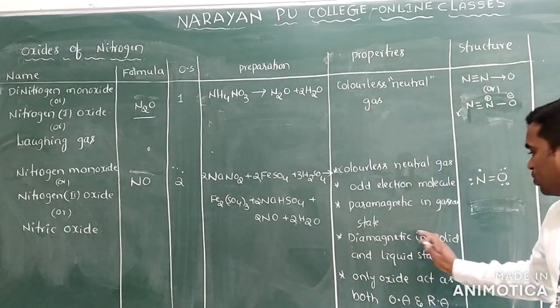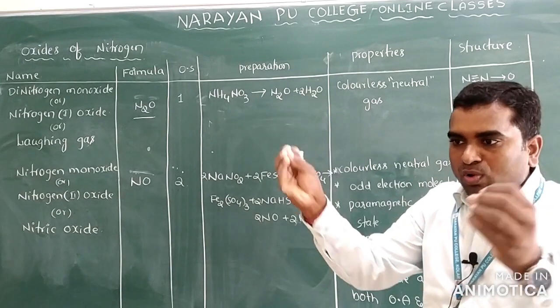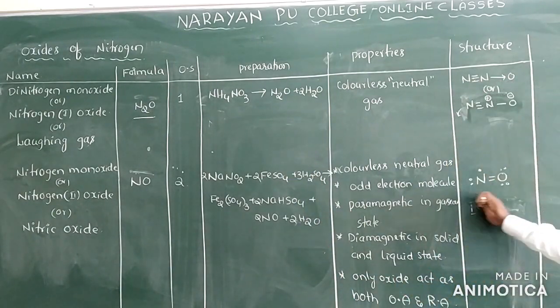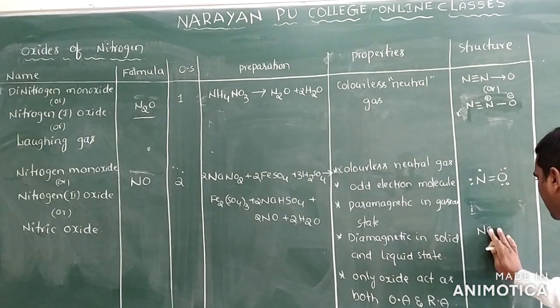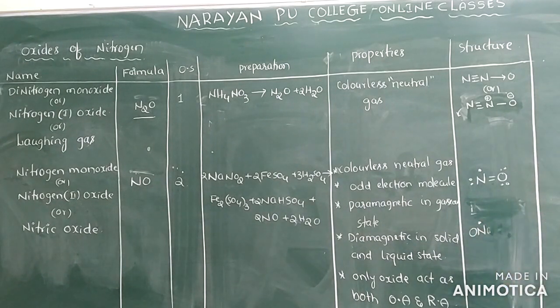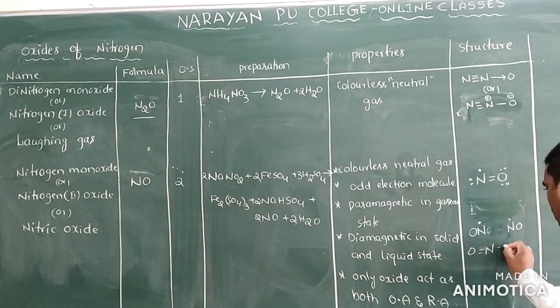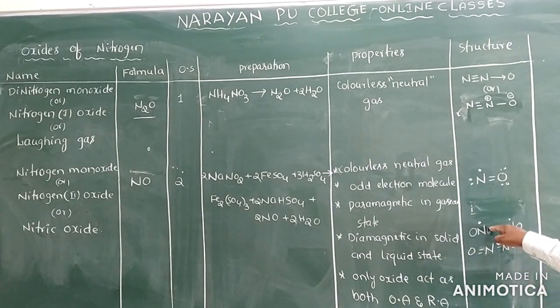In the liquid and solid state, these molecules come close to each other. One NO molecule has one unpaired electron, and another NO molecule also has an unpaired electron. When they come close, these two electrons are shared and a bond forms between the molecules. Previously it was a monomer, now it is a dimer, two molecules joined by a bond.